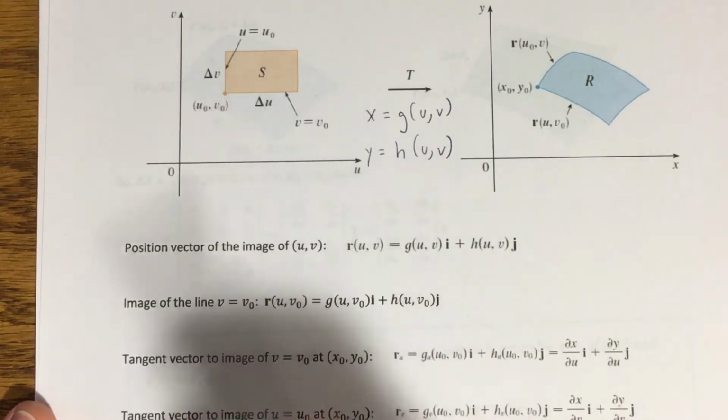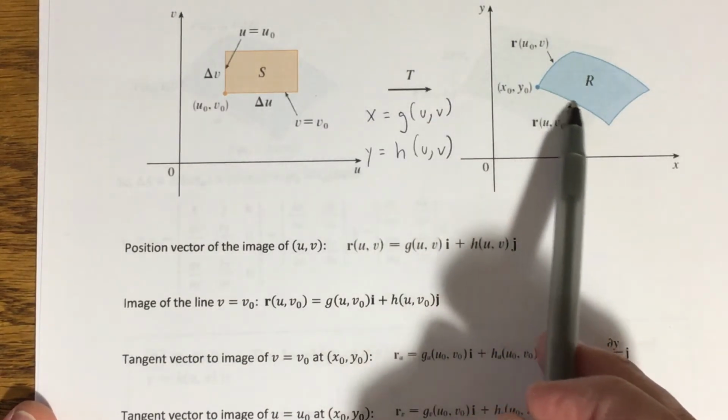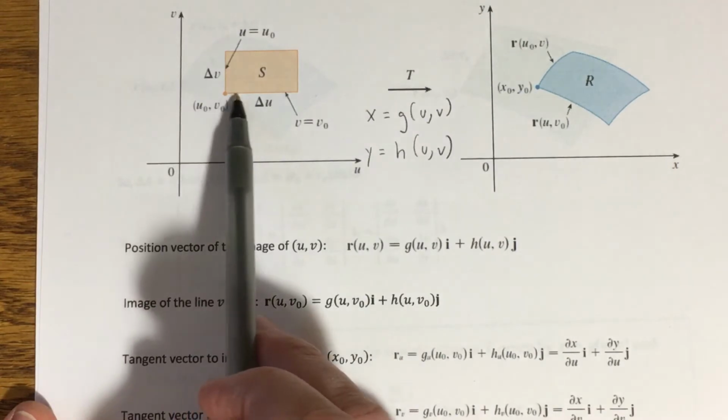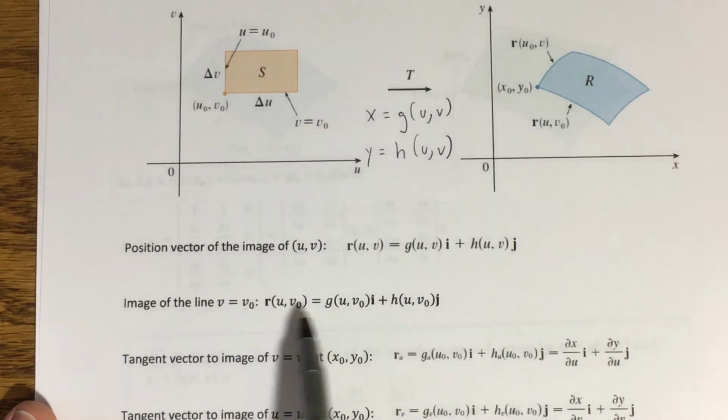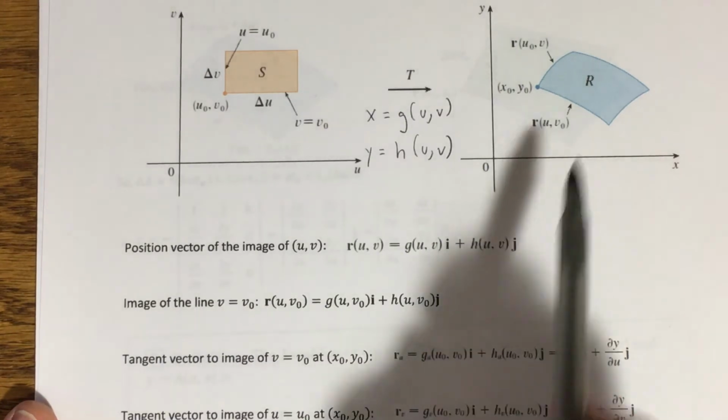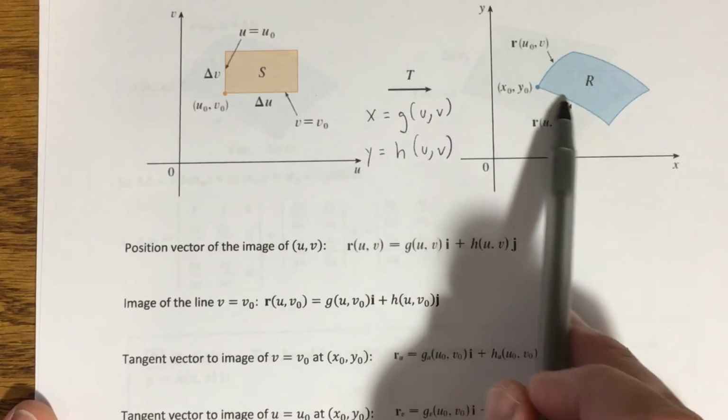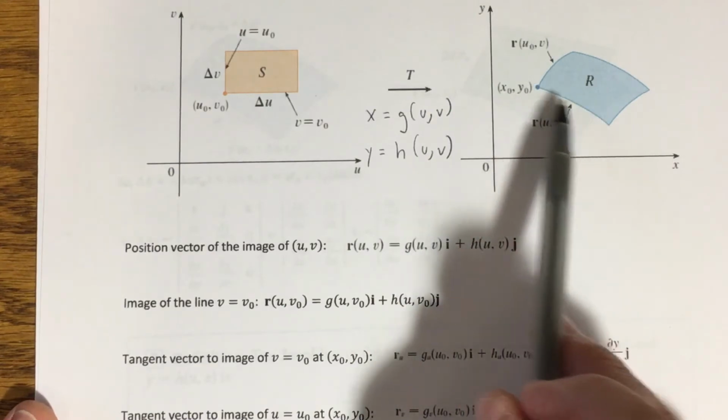So I'm going to assume that this edge down here is the image of this edge right here. And so when I talk about the image of the line v equals v naught, this is describing this edge, or this boundary curve, I guess I can call it.